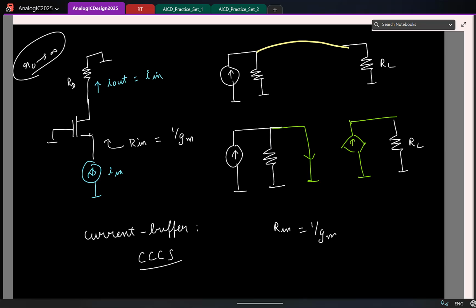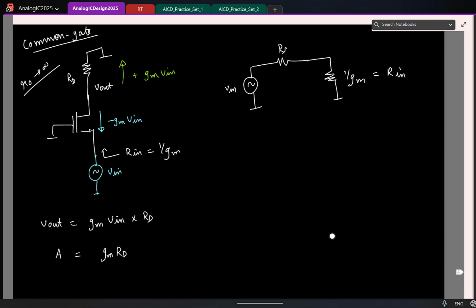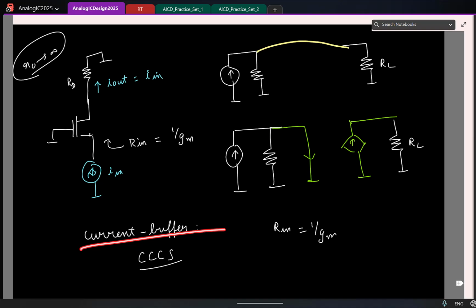So it acts like a better current buffer, or I would say this input interface is much better suited for sensing current than voltage. Because the input resistance is small, it can be used to sense current much better than sensing voltage. So bottom line, common gate, although it can be used as a voltage amplifier, a better use case is like a current buffer.